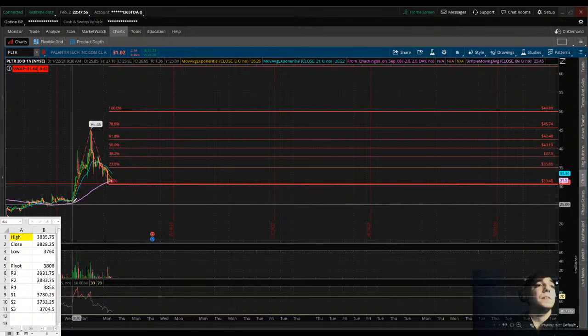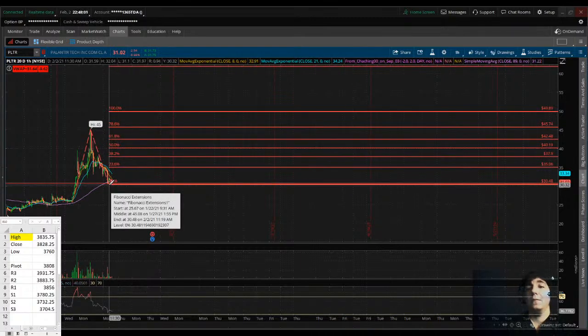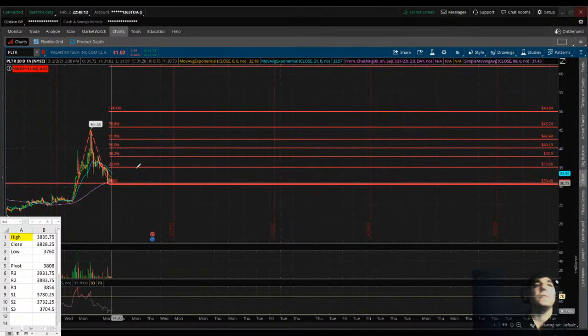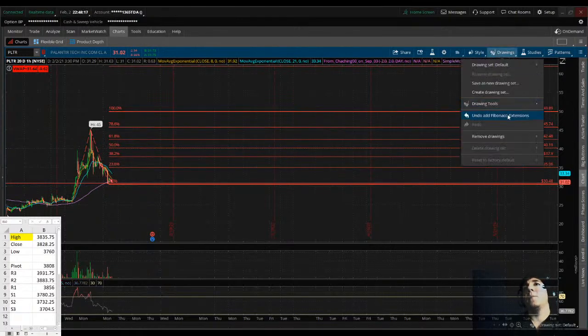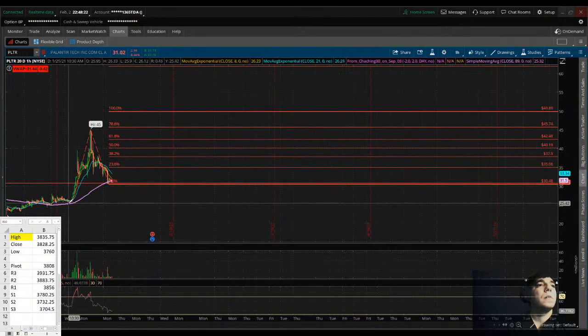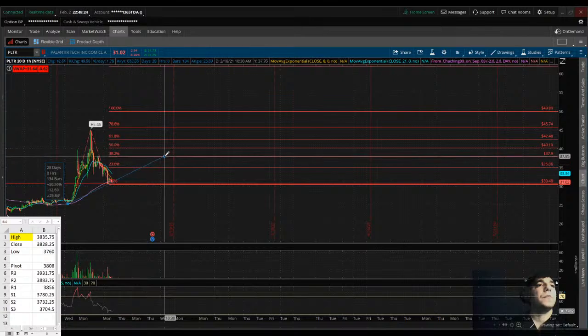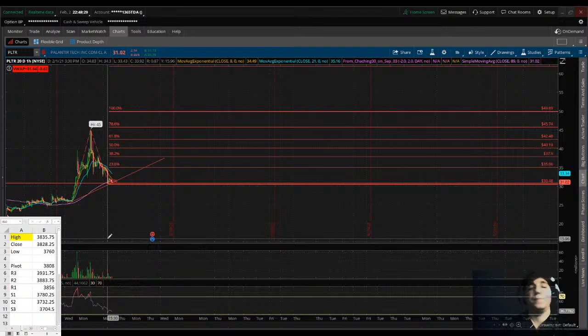Same thing. You go from low to high and back to the recent low, which is usually your consolidation bottom for the next leg up. So I'm going to use this as my levels, and then I'm also going to do a nice little trend line right here and see how that holds.